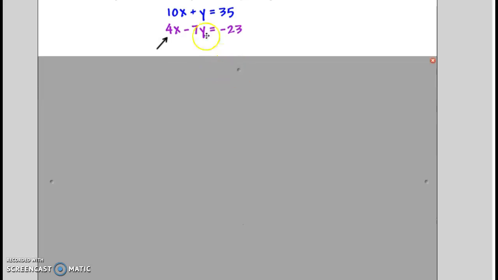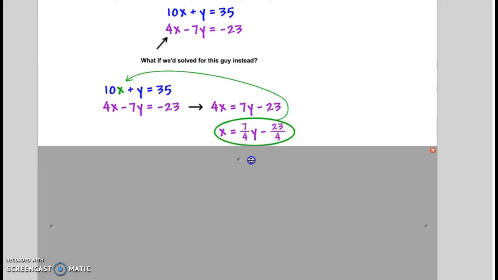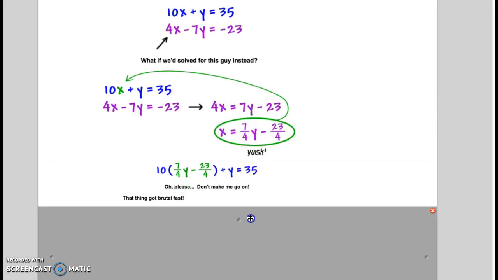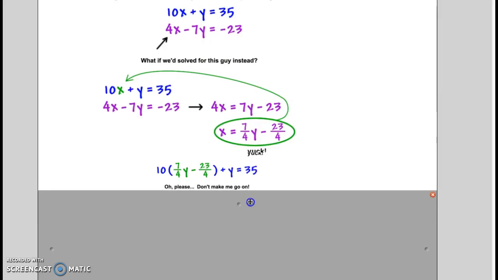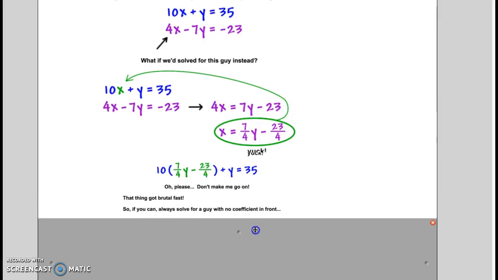Okay. Now, same problem, but what if we decided we were going to take the bottom equation and solve for x? Yikes, yikes, yikes. Look at all that stuff. We get very, very ugly numbers, right? Fractions. So please don't make me go on. That thing got really brutal fast.